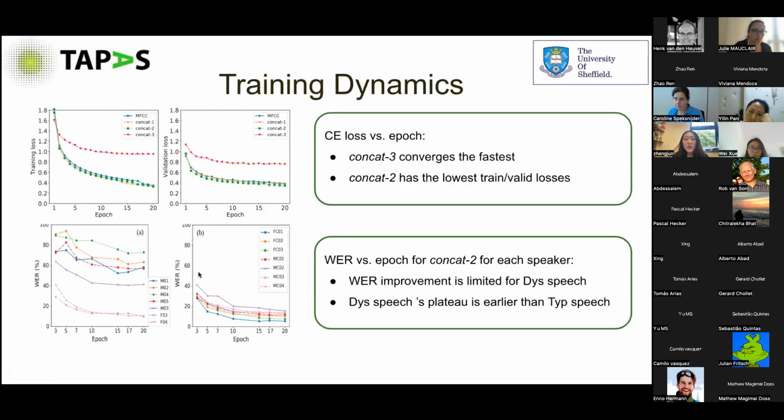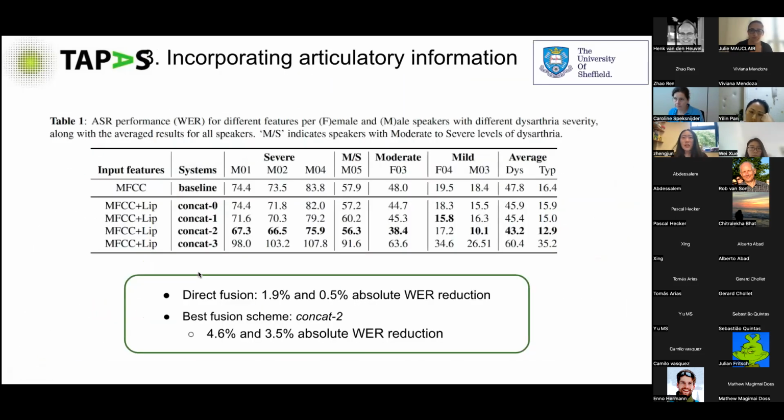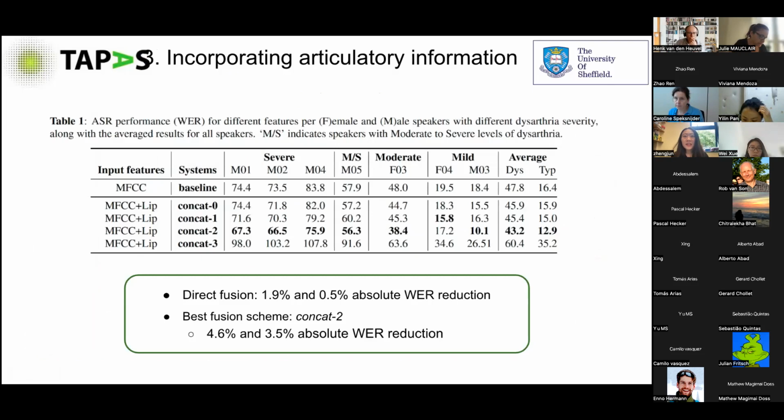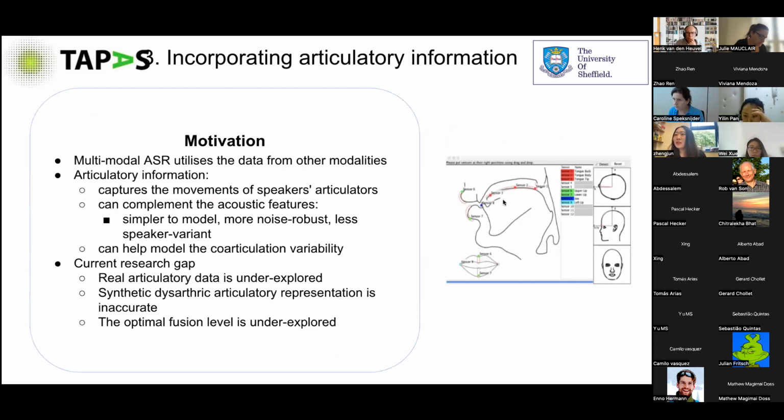Yes, so sorry. In this work, because we have channel processing, we choose the most task-beneficial feature. We tried different components, or them together. You can see in this figure we have sensors attached to the tongue or the lips.